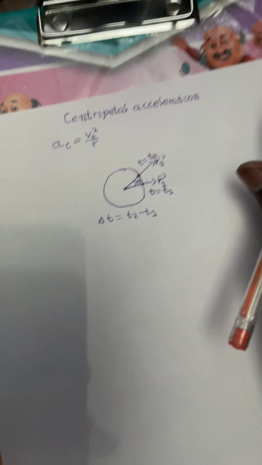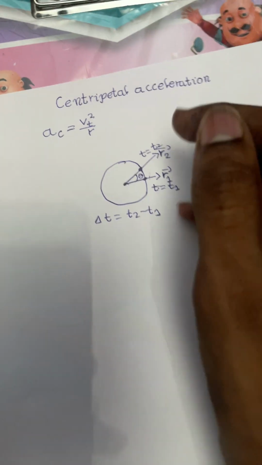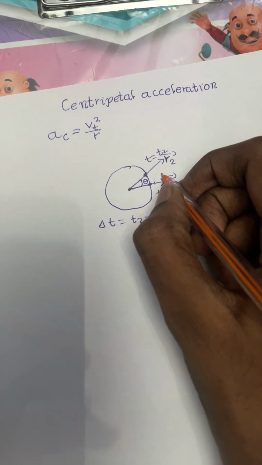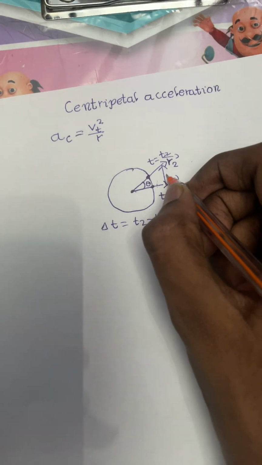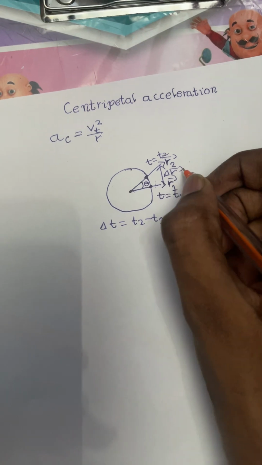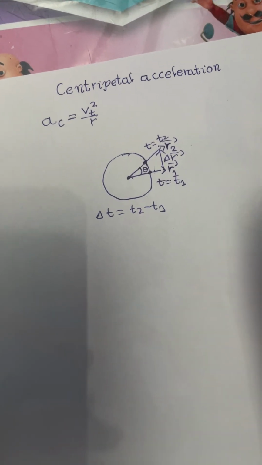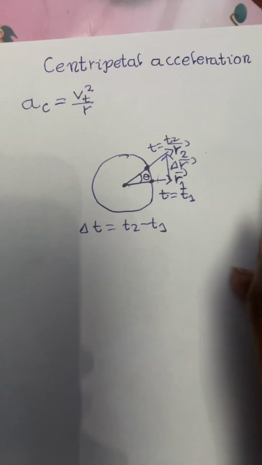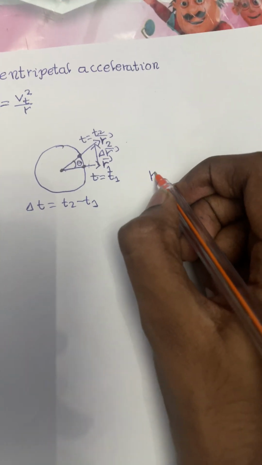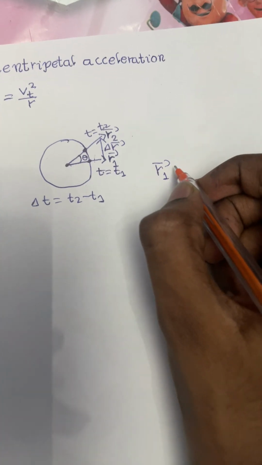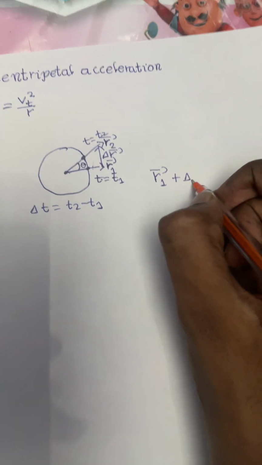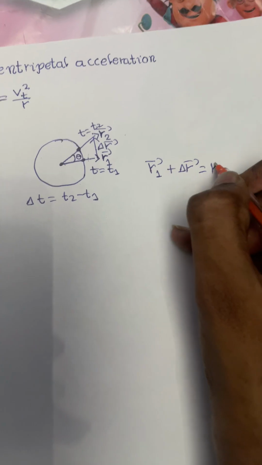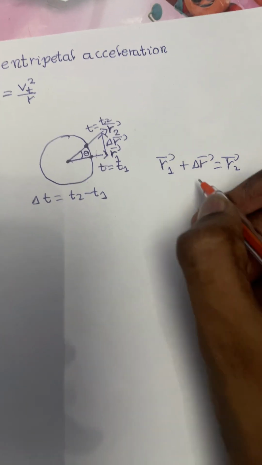And here we can consider one more vector, which is the change in displacement vector, delta r vector, right? So by some basic vector rules, we can say that r1 bar plus delta r bar equals r2 bar, right?